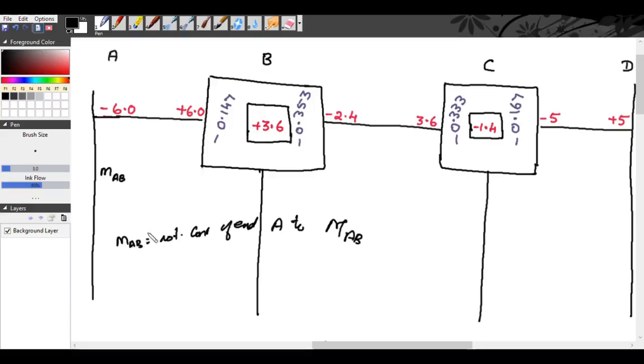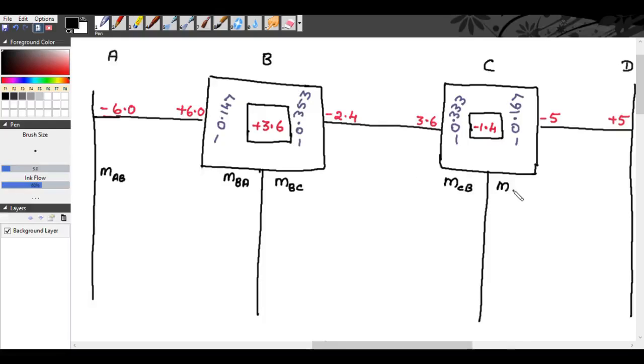Similarly, here we will be finding small MBA, that is the rotational contribution of end B to capital MBA. That is the meaning of that. Here we will be writing small MBC, MCB, MCD and MDC.